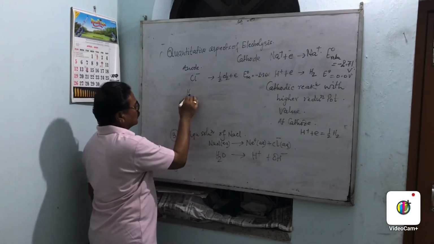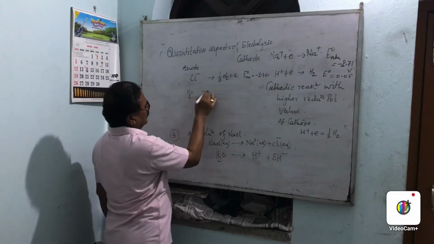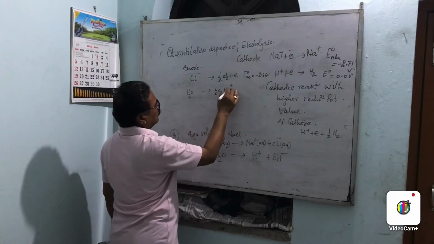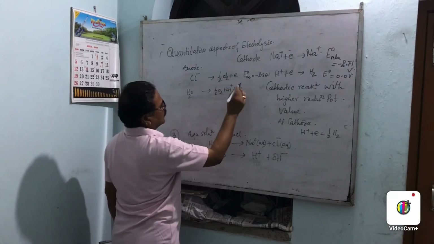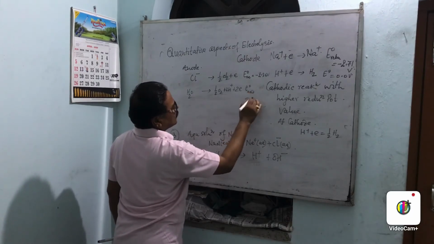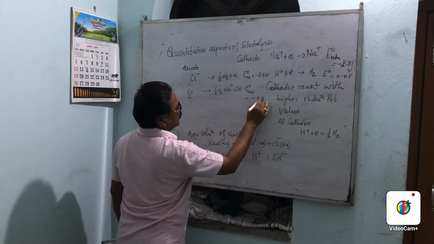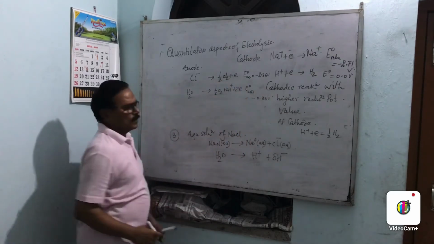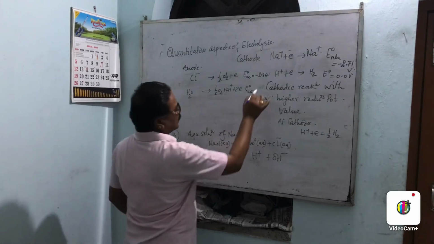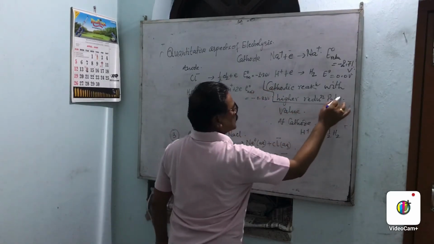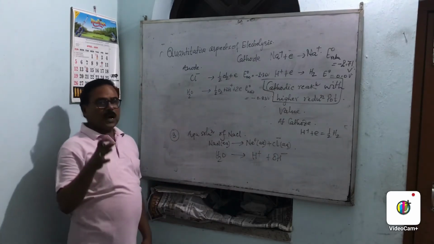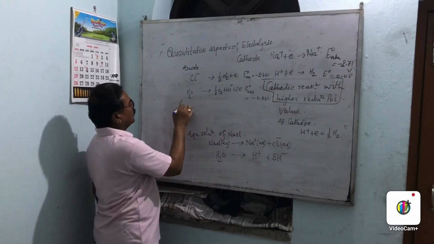And water also has a chance to get oxidized, that is half O2 plus twice H plus and plus twice electron. So the E0 oxidation potential value is minus 0.83 volt. So here, cathodic reaction with higher reduction potential value, and anodic reaction with higher oxidation potential value.